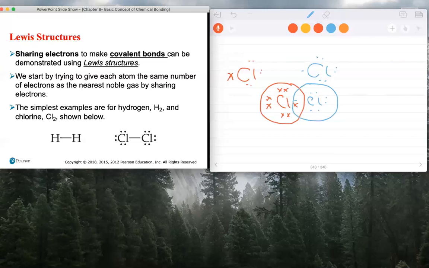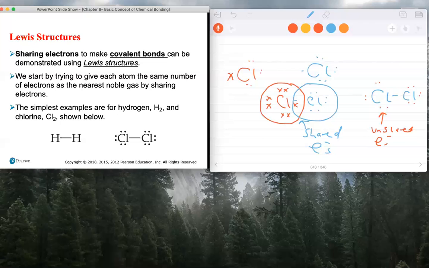These are the shared electrons, and we represent that as Cl–Cl like that. The others we call unshared electrons.